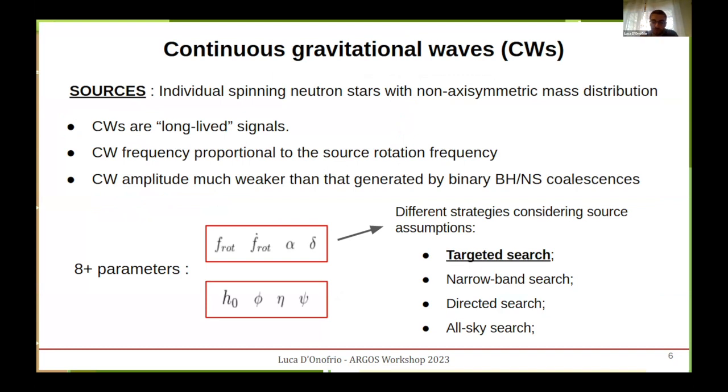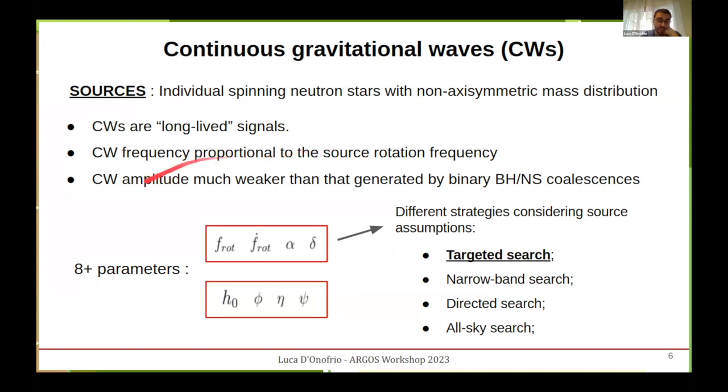The time scale is of the order of months or even years. These signals in the source reference frame are almost monochromatic, with the gravitational wave frequency proportional to the source rotation frequency. But the amplitude of this kind of signal is expected to be much weaker than the one we have detected from the merger of black holes and neutron stars.